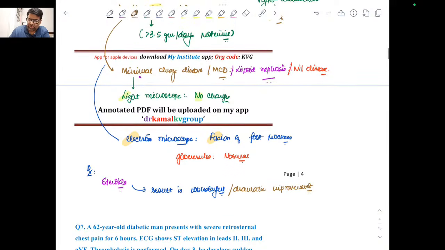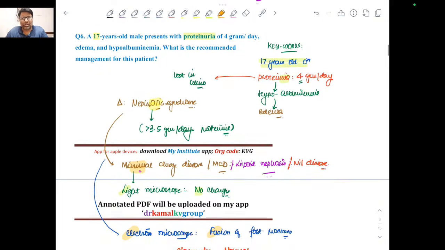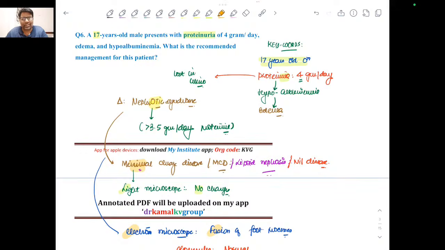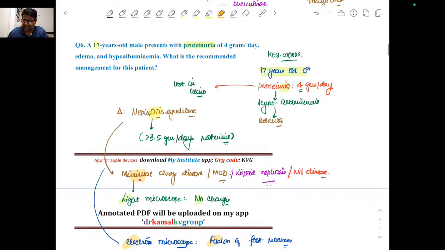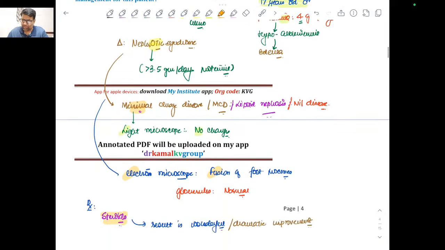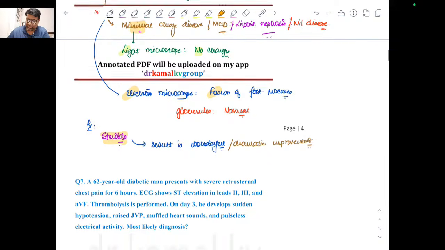So this is how you will reach your answer, that this particular case is a case of nephrotic syndrome, especially minimal change disease, so we should start the patient on steroids. Okay. So a very important topic, nephrotic syndrome, minimal change disease. Every year we have a question framed in one way or another, and it is very easy to diagnose from the question stem. Clear? So this is what you should know about minimal change disease.